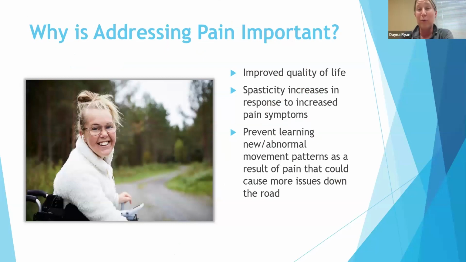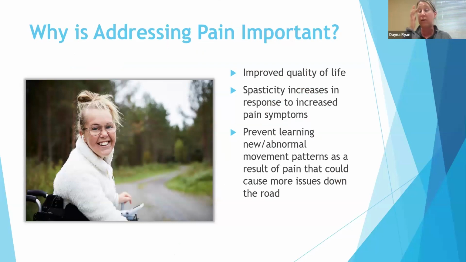So this leads into why is addressing pain so important for this patient population? It improves quality of life, plain and simple. Spasticity increases in response to increased pain symptoms, and we want to minimize the spasticity because increased spasticity causes pain in itself.